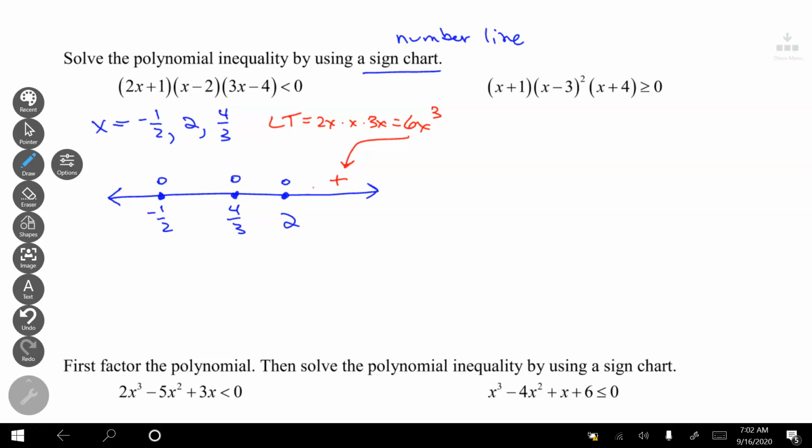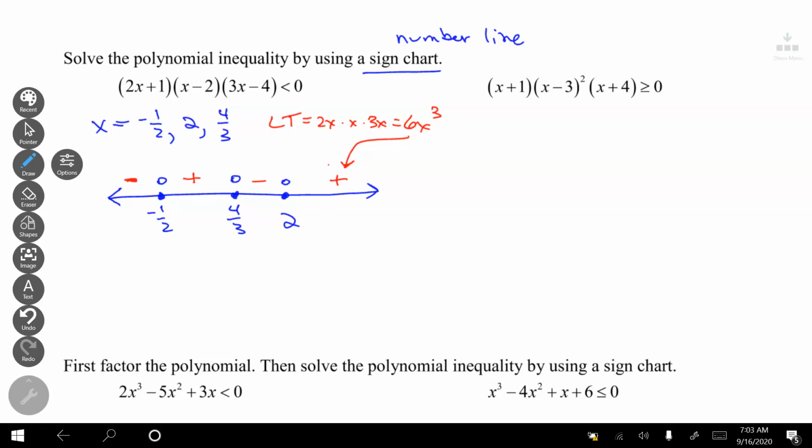So after this, it goes positive on the right, it hits a 0, it goes through it, it goes negative, hits a 0, goes back positive, hits a 0, goes back negative. So if I read it left to right, the graph goes below the x-axis, x-intercept, above the x-axis, x-intercept, below the x-axis, x-intercept, and above the x-axis going up to infinity.